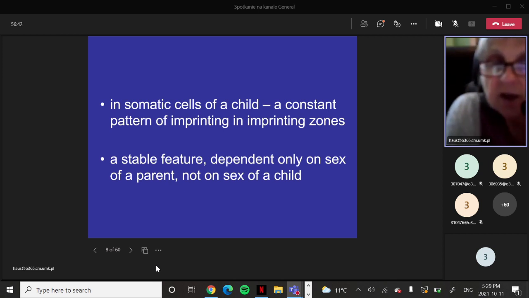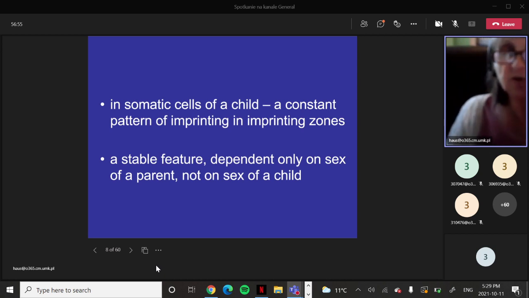It is a stable feature which depends only on the sex of a parent, not of the sex of a child. So there is a pattern of imprinting of men, a pattern of imprinting of women, and these are totally not the same.